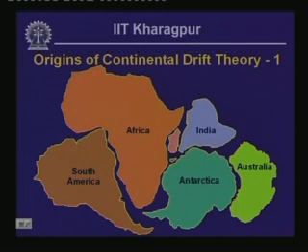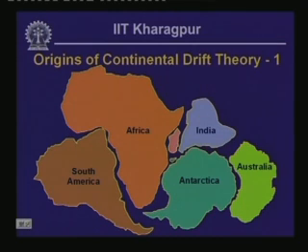For instance, the southwestern part of Africa could fit very well with the northeastern part of South America, which is separated at the present time by the Atlantic Ocean, and that is illustrated on this particular slide.